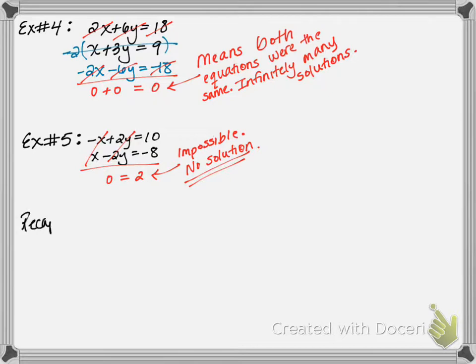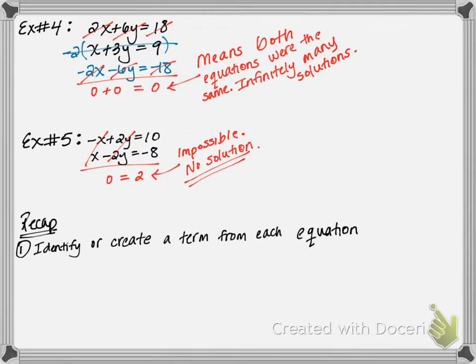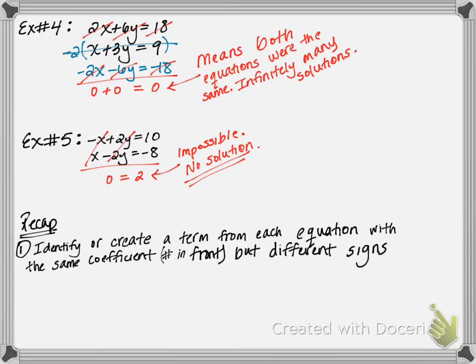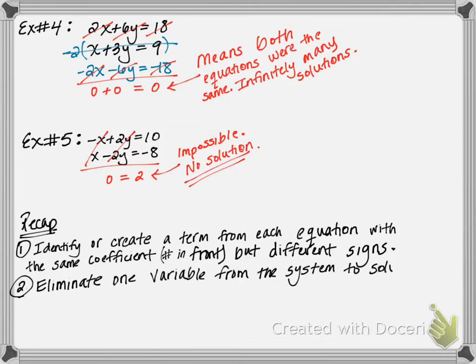So let's recap as I always do. First you have to identify, or sometimes create it yourself, a term from each equation with the same coefficient but different signs. By the way, the word coefficient means the number in front of the variable. So same number, different signs.